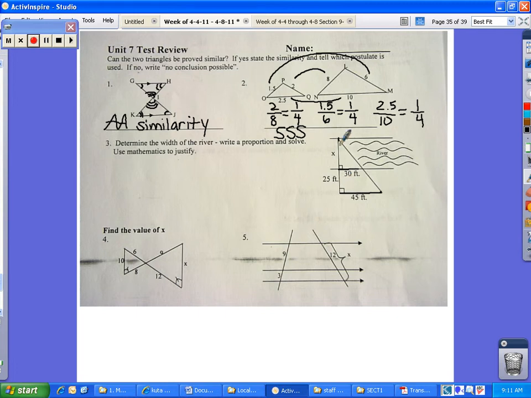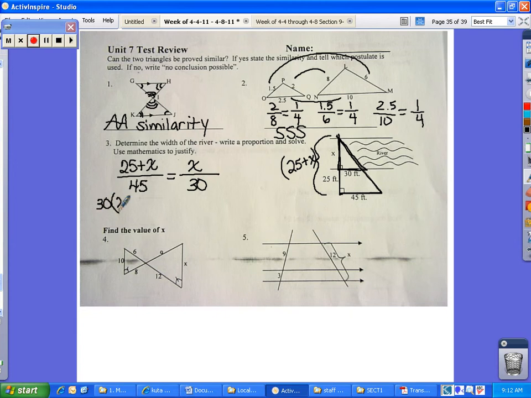So for this triangle, you have to use the base and the side, and for the big triangle, you also have to use the base and the entire side, which is 25 plus x, that whole quantity. So your proportion should look like 25 plus x over the base of 45, that's the big triangle, equals the side of the smaller right triangle to the base of the smaller right triangle. Then you can cross multiply.